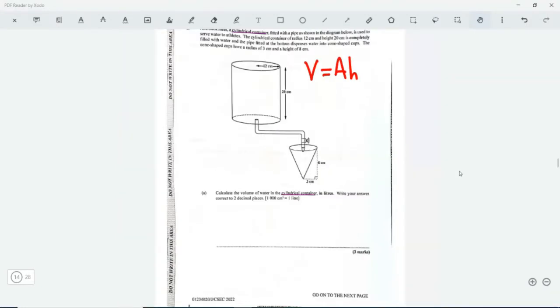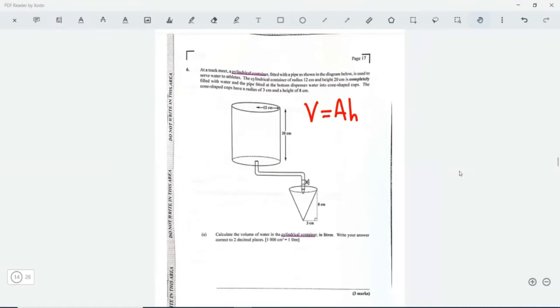So doing this question now, the volume would be equal to the area of the cross-section. This is the cross-section, this circle right here. The circle is pi r squared h. Pi times what is the radius? The radius is 12. That's 12 squared times the height of 20 centimeter.